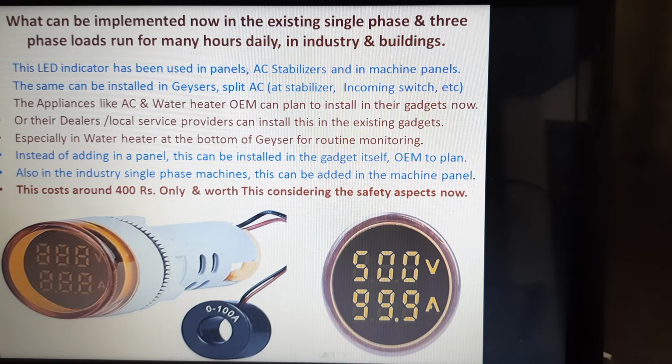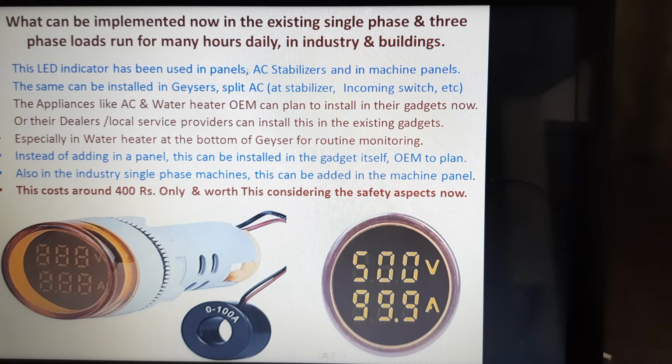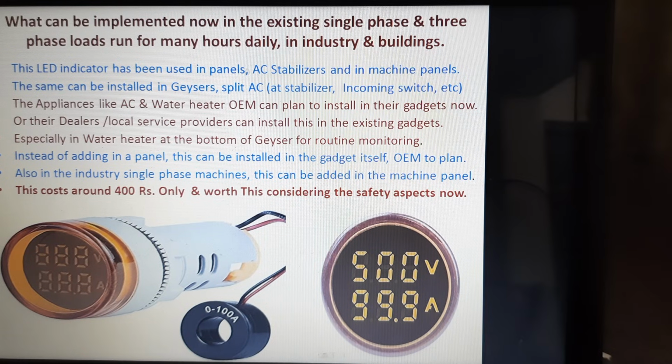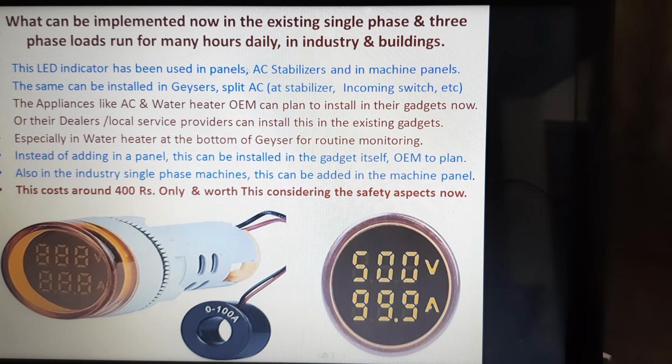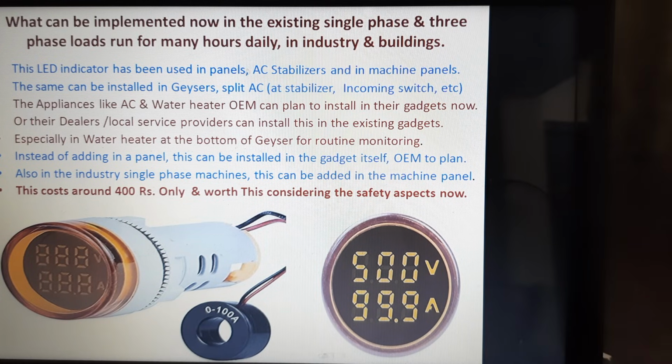This voltmeter and ammeter based setup to measure the basic power parameters can be installed in appliances like AC stabilizers, air conditioners, geysers, split air conditioners or even fridges, which are all consuming more power as well as more energy and running for more hours of the day. The appliances like AC and water heater OEMs can also plan to install these gadgets now.